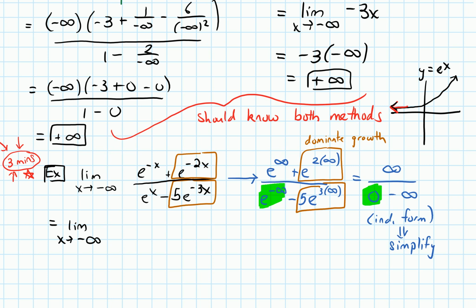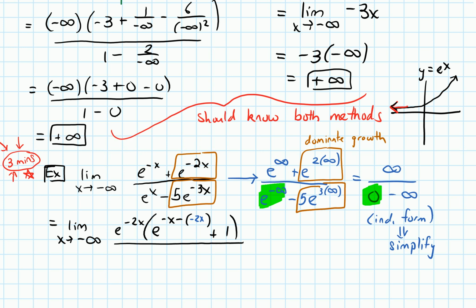Okay, so if we factor out e to the negative 2x from the numerator, what we will be left with from the first term is e to the, and it's the power that was there originally, minus x, minus the one that we just took out. And we just took out a negative 2x. And then what's left over from the e to the negative 2x? Well, there would be a plus 1 left over.